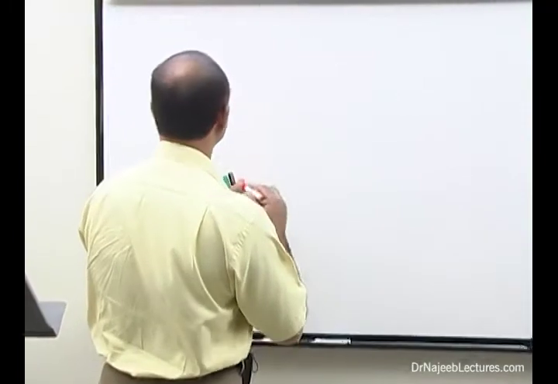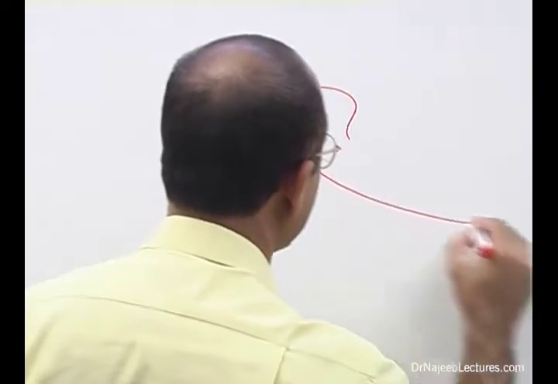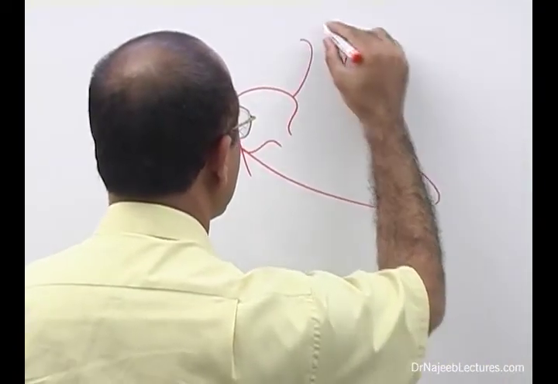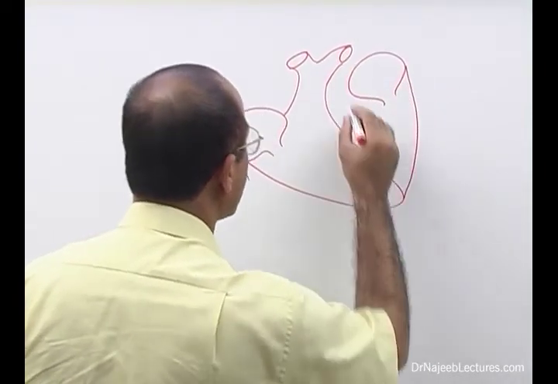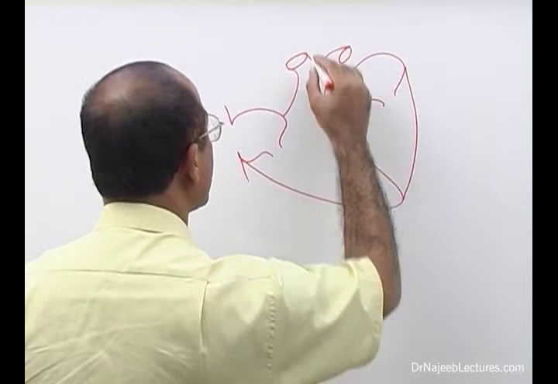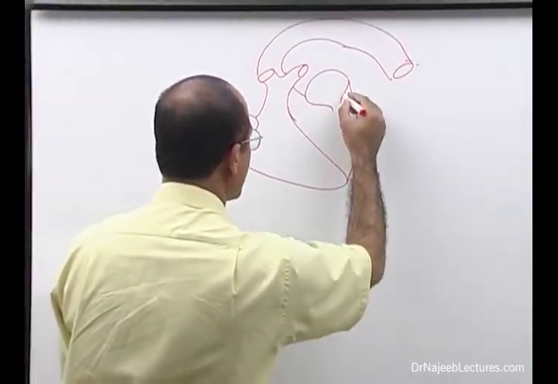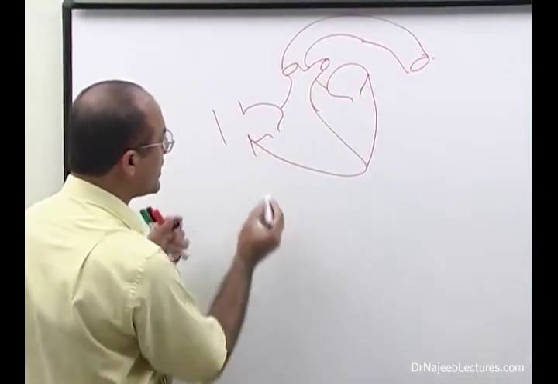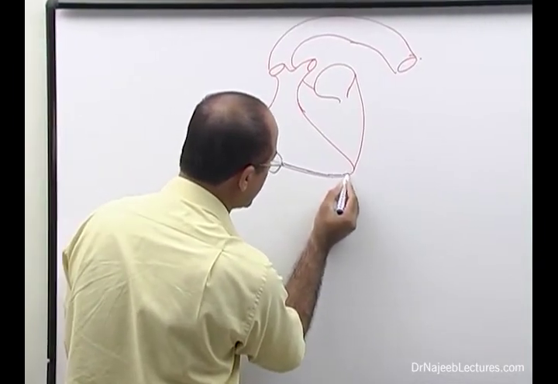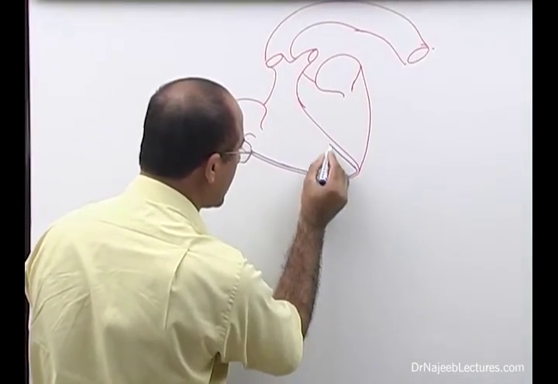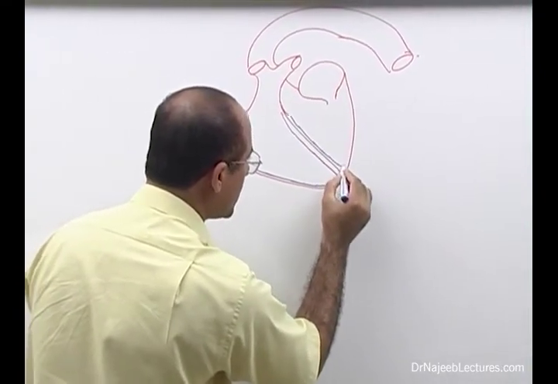Let's suppose that here is your heart, and now the point which you have to understand, this is the inner lining of the cardiac chambers, and this blue lining is basically called endocardium.